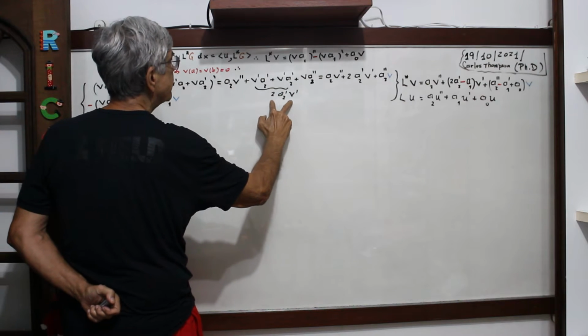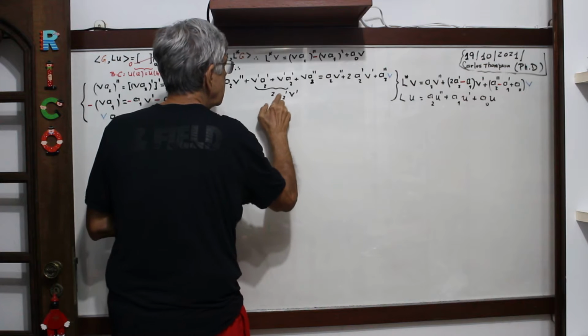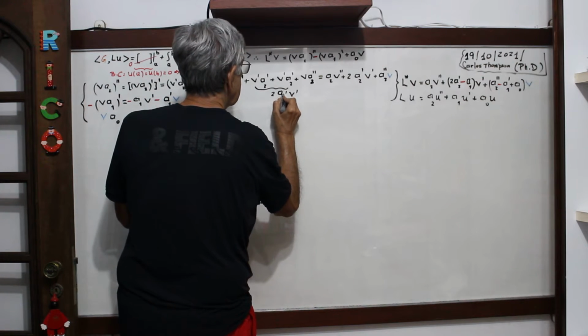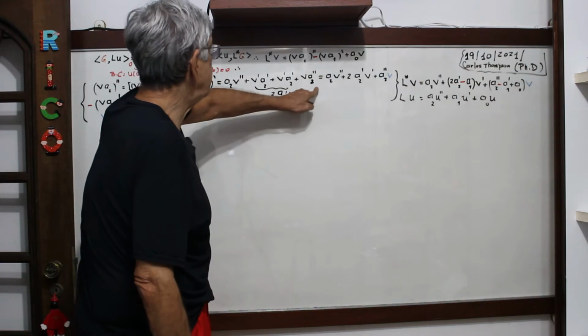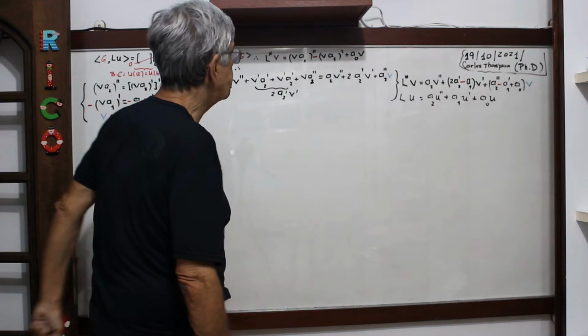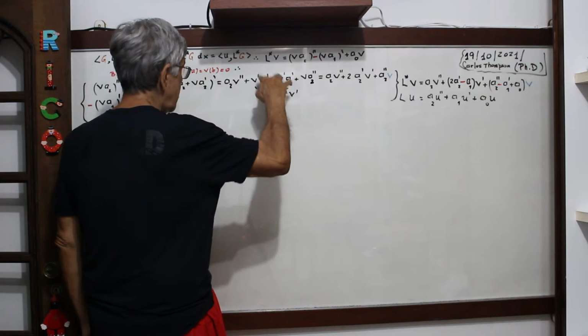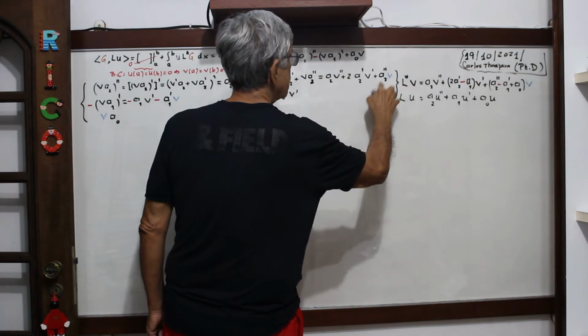So if I add them, then I have 2A2 prime V prime plus VA2 double prime. Then I add the same terms, these 2 times A2 prime V prime plus A2V.